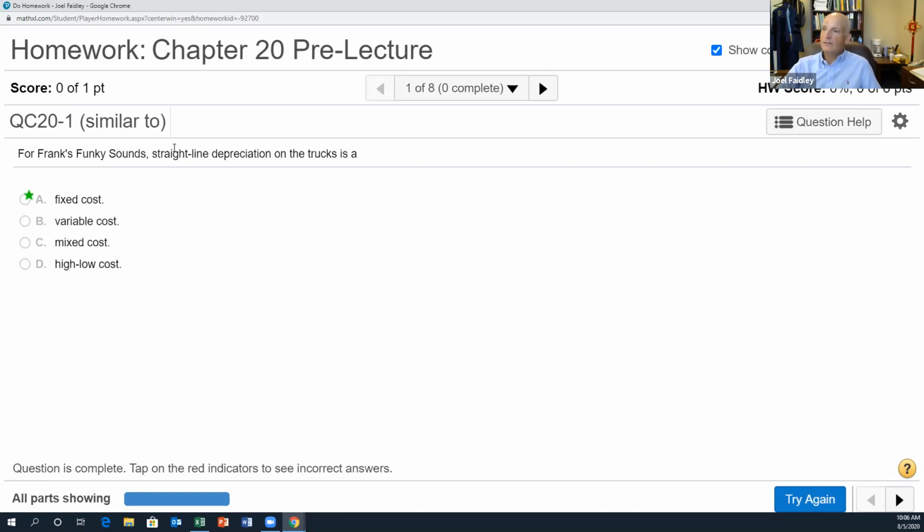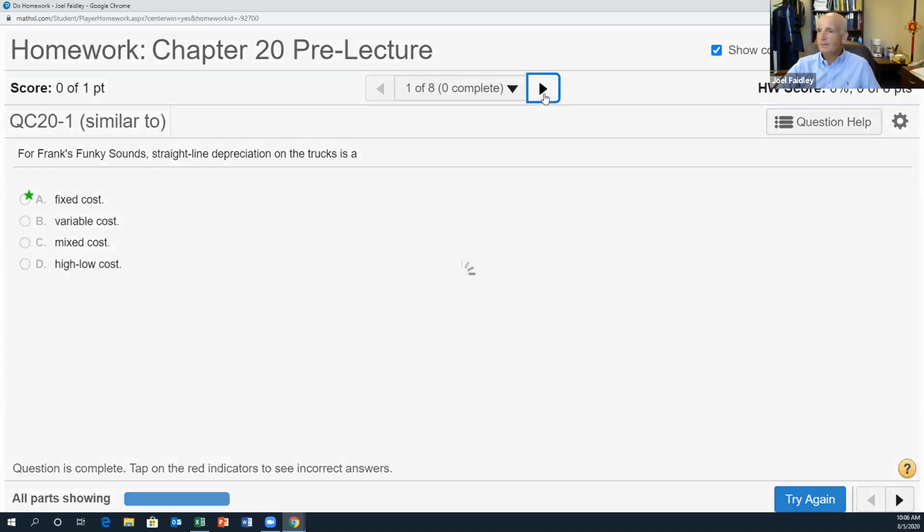Frank's Funky Sound, straight line depreciation on trucks is fixed, right? Depreciation usually doesn't vary based on your volume of sales or volume of production, unless you have units of production depreciation, but nobody does. Straight line, as it says here, is going to be the same whether you sell or make 100,000 units or 1,000,000 units.